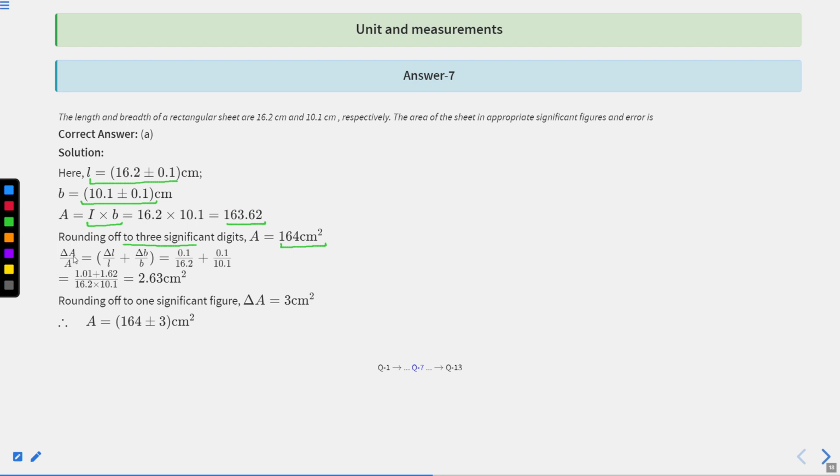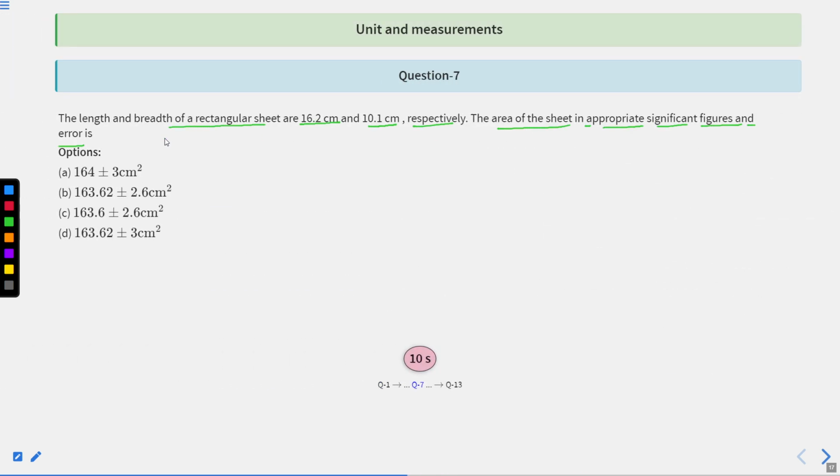And calculating the relative error, putting all values delta L, delta B, and calculating these terms, the final answer is 2.63 centimeters square. Clear? And rounding off to one significant figure, delta A equal to 3 centimeters square. So A equal to 164 plus minus 3 centimeters square. So correct option is A. Clear?